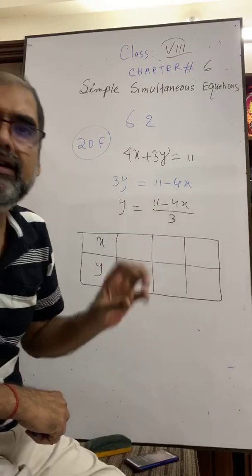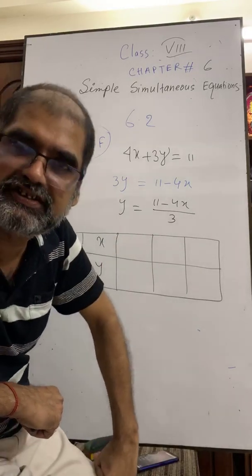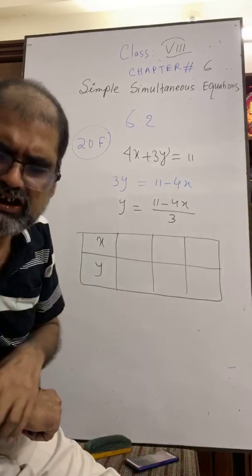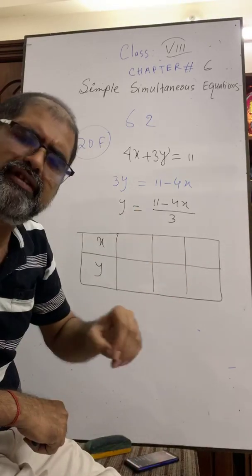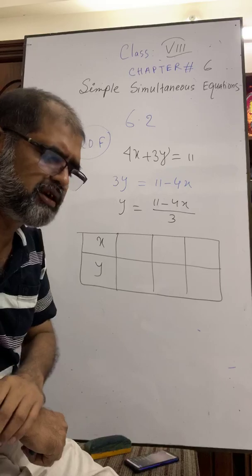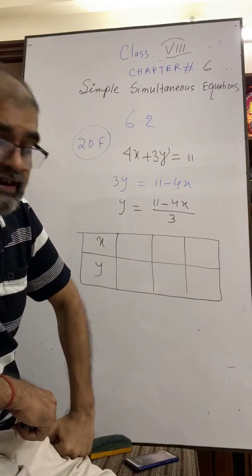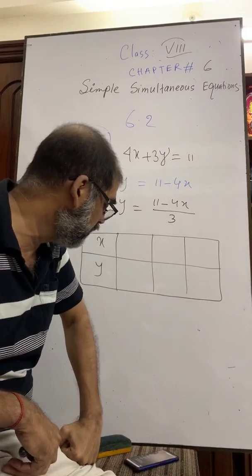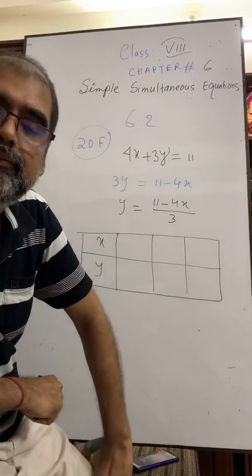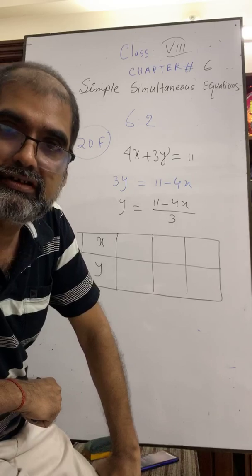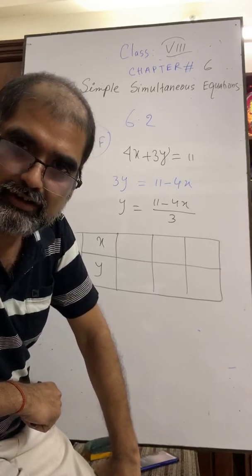We have to think how to get integers. If there is a fraction, it becomes very hard in the exam hall to get the accurate answer. So I am going to show you how a student can find integers, not fractions.